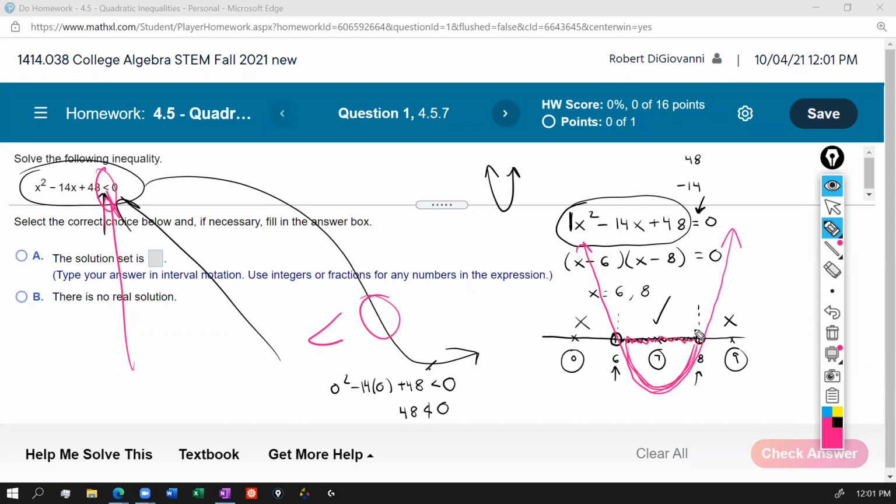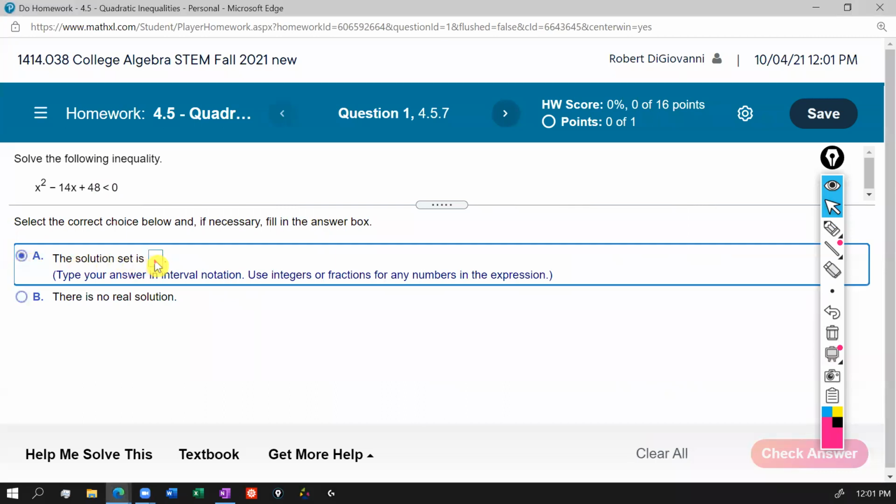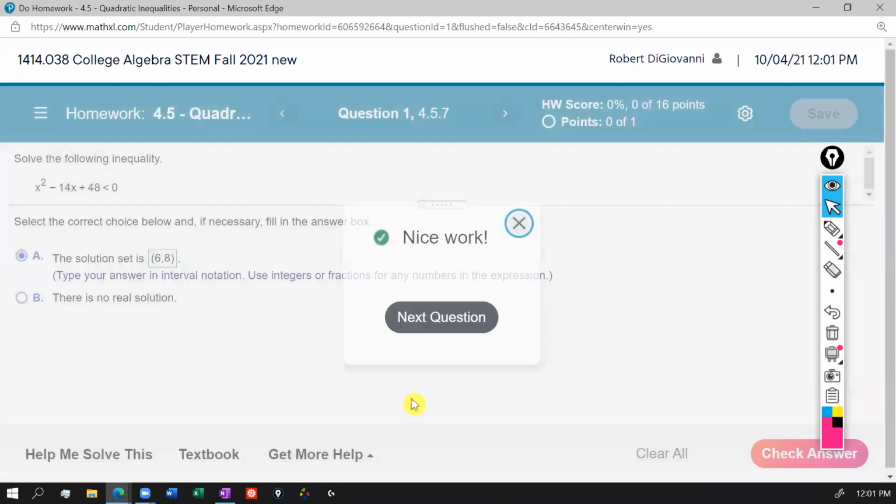So either way you do it, I like the second way, but either way will get you to the same result. So it's everything between 6 and 8. So let's go ahead and put that in there. The solution set in interval notation is from 6 to 8. There we go.